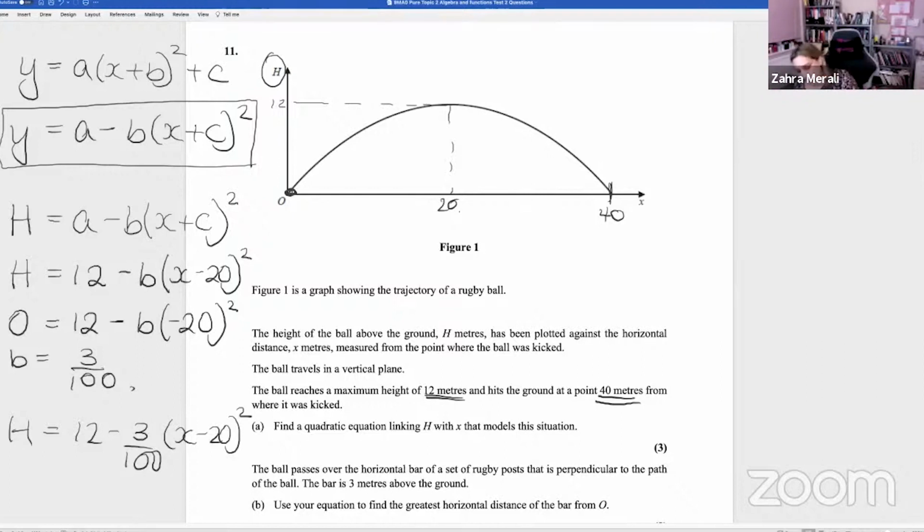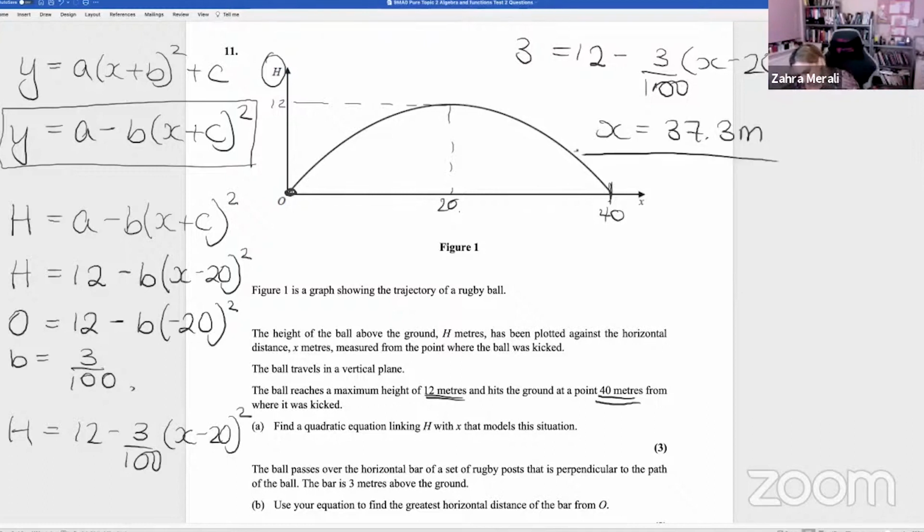But if you didn't get the first bit right, you'd have struggled to get this bit right. So 3 equals 12 minus 3 over 100 (x minus 20) squared. So we would open that out, rearrange it, and you should end up with x equals 37.3 meters. Okay, so that's quite straightforward.